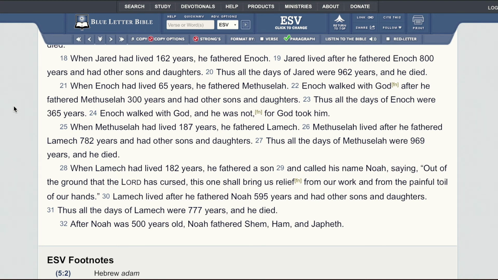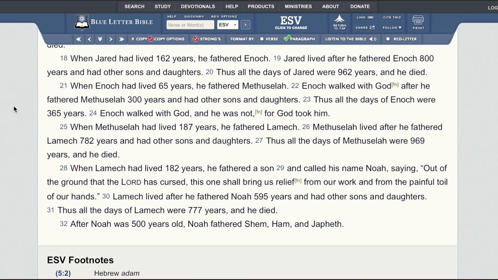When Enoch had lived 65 years, he fathered Methuselah. Enoch walked with God after he fathered Methuselah 300 years and had other sons and daughters. Thus all the days of Enoch were 365 years. Enoch walked with God, and he was not, for God took him.